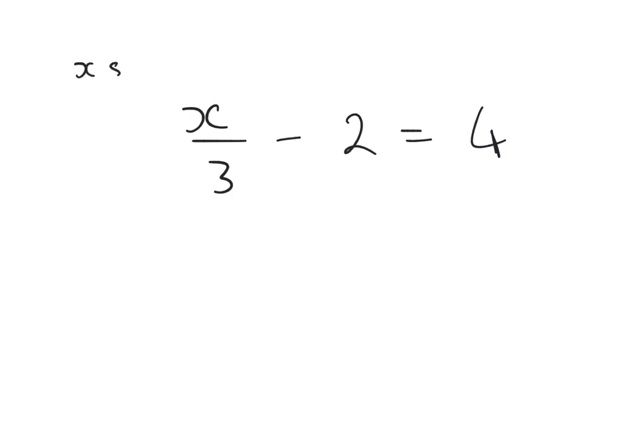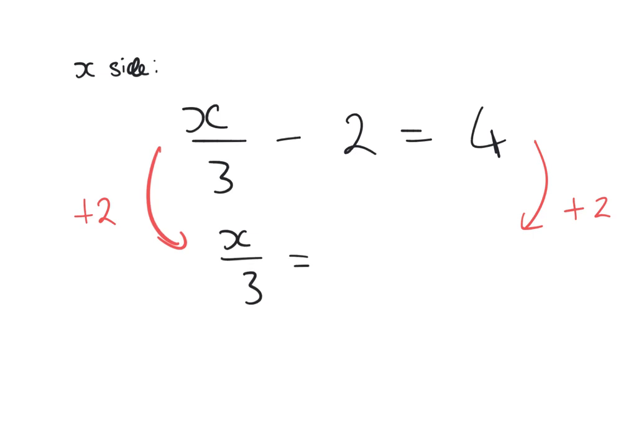So this again is our x side. We only want x's on this side. Okay, so we're going to have to move this minus 2 first. We're getting pretty good at this. We'll move this by plussing the 2. Okay, so on the left, x over 3 is equal to 6. We're plussing the 2 on there.